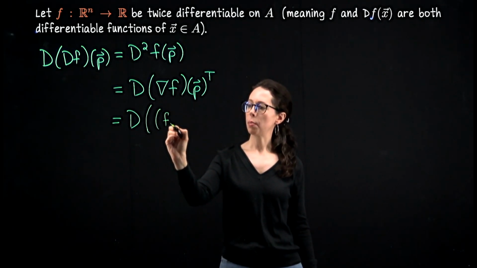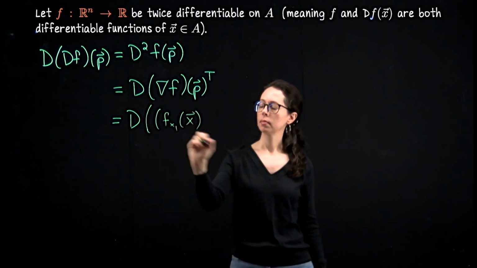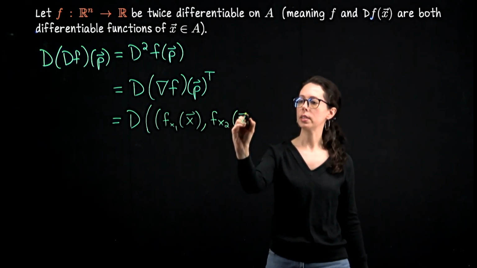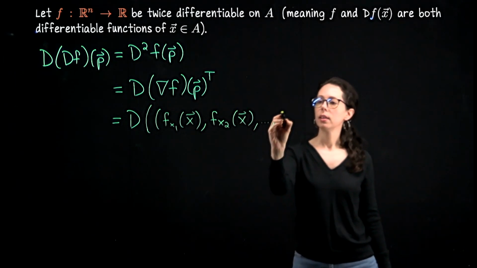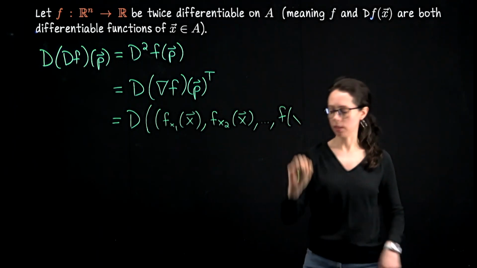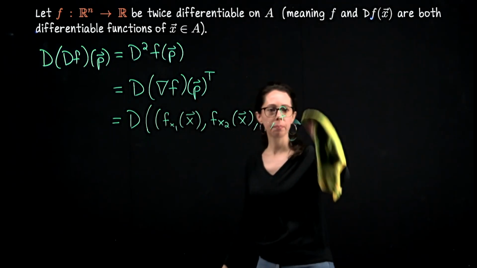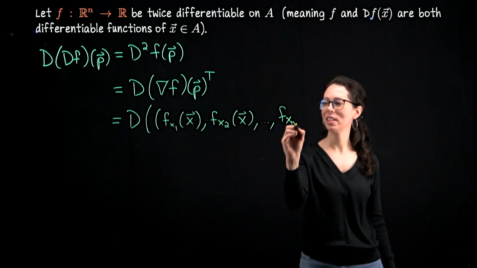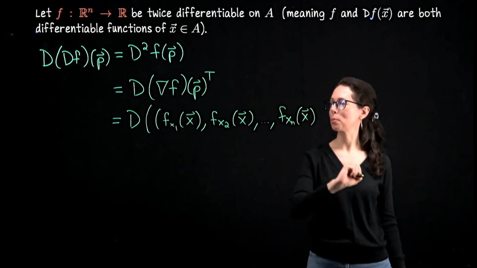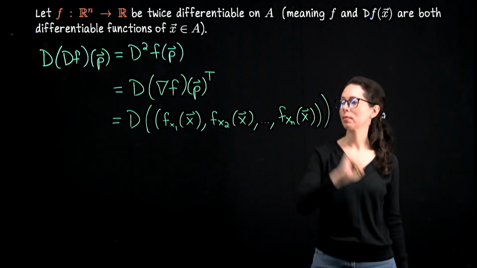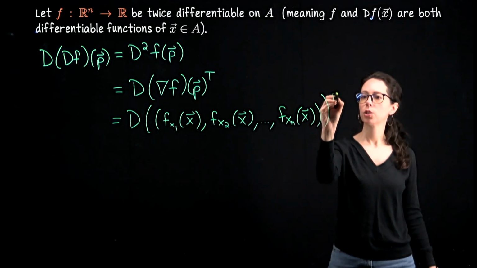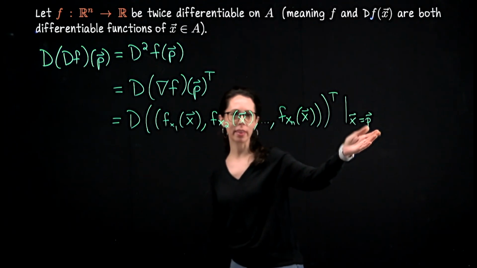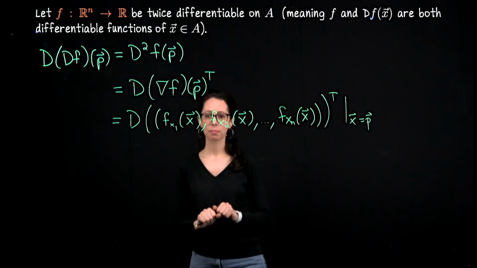So this is like f sub x1, done in generality, second coordinate is f sub x2, or df dx2, all the way through the derivative of the scalar valued function with respect to the nth input. There are so many subscripts in this lesson, by the way, that I'm probably going to make mistakes with my subscripts more than once. Okay, so we want to do that, transpose it, and then plug in p. So basically, don't evaluate anything until you're done taking derivatives.